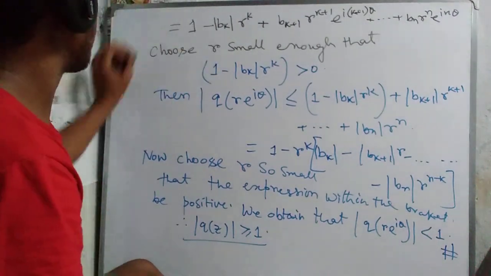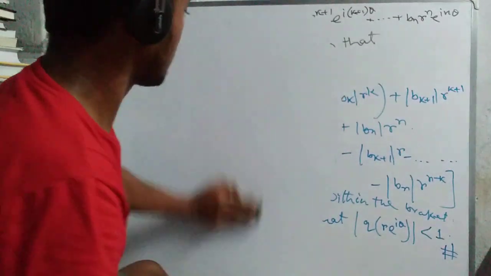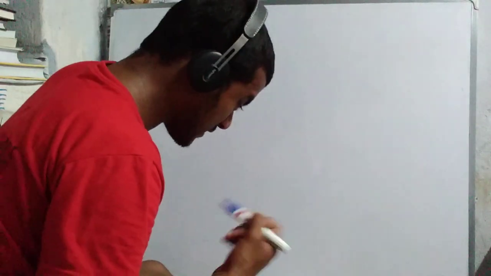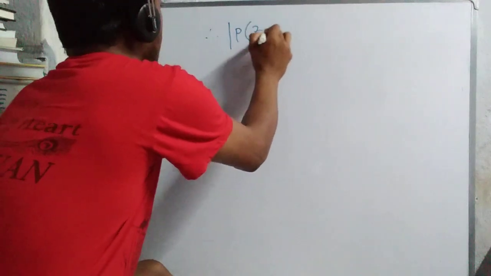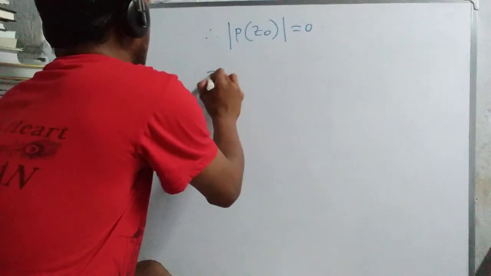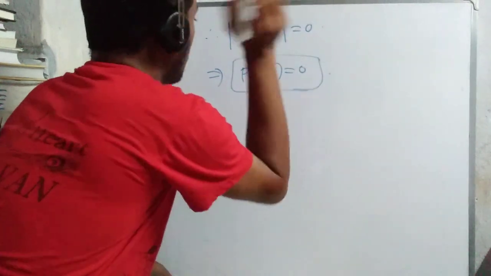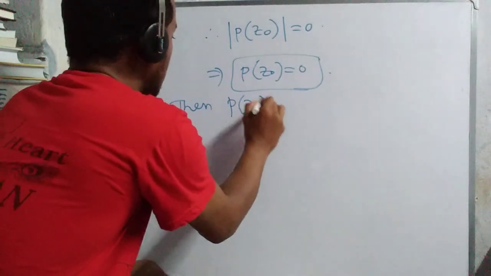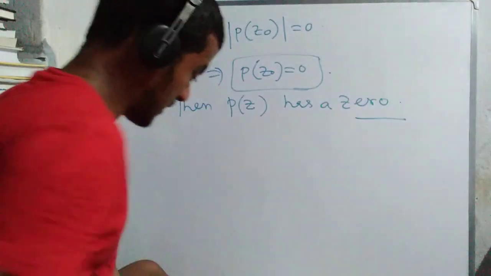That means we arrive at our result this way: modulus of p(z0) equals 0, that means p(z0) equals 0. We get a z0, so p(z) has a zero.